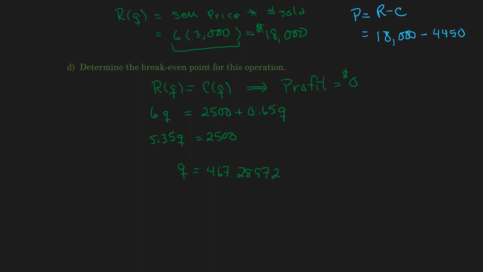467.28972 something or other. Now, on quizzes, tests, in the real world, when you get a real job, don't go back and tell them we need to make 467.28972 discs. That makes no sense because you can't sell this last part of a disc. What you need to be careful of here is if you make 467 of them, it's not quite enough.